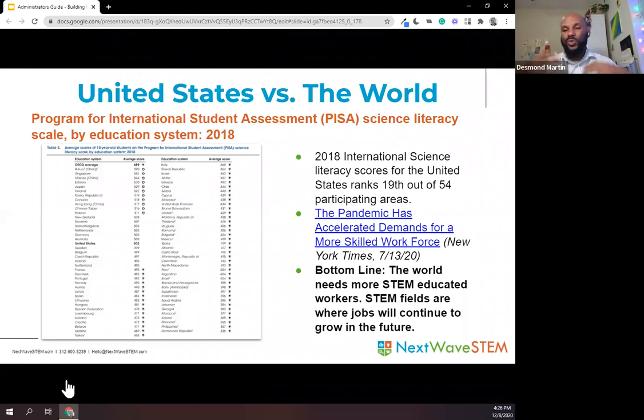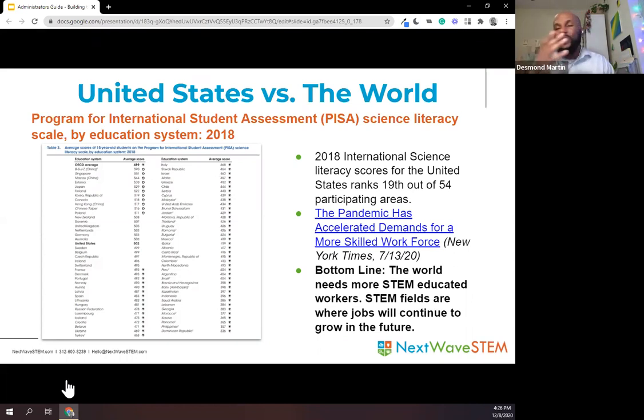We have to grow in our science literacy. We don't do much better in math, and analogous studies with respect to technology, we do slightly better because of our access to technology, but we're still not where we want to be. We want to be leaders. We want to be taking advantage of the diverse populations and actual resources that we have here in the United States.